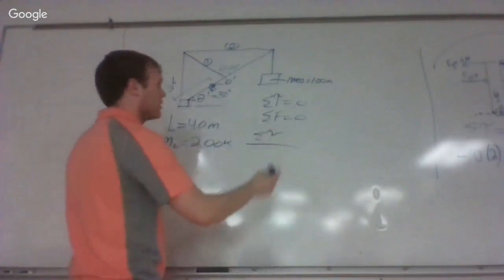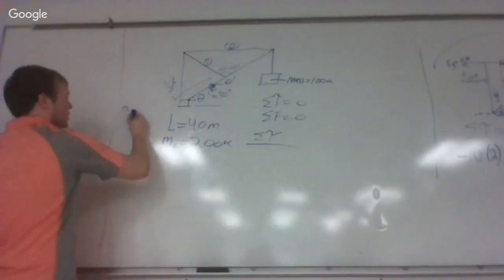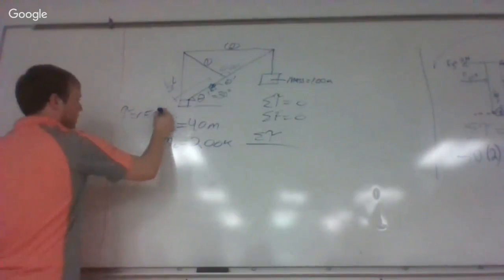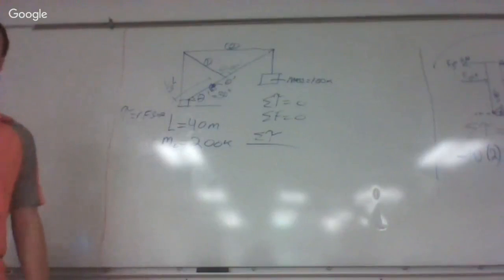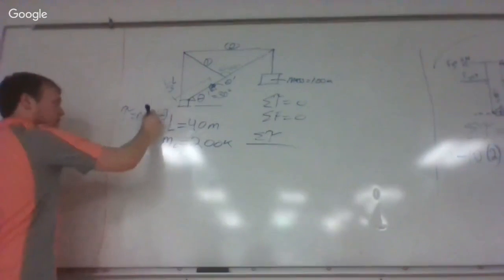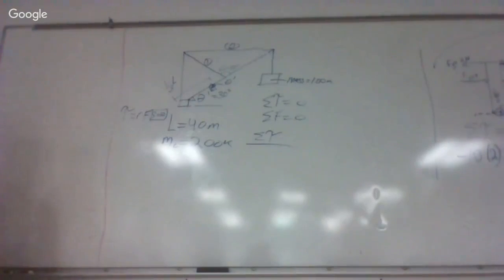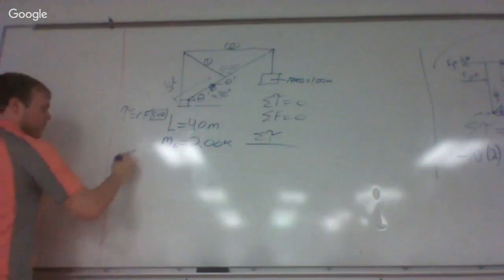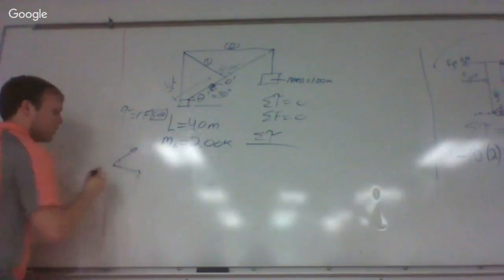And then we know that torque is always equal to r F sine theta. However, it doesn't always have to be sine theta. That is what the book tells you, what Dr. Wu told you. It simplifies things because if you have two vectors, it's always this angle.